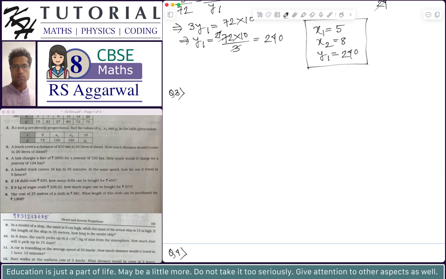A truck covers a distance of 510 kilometer in 34 liters of diesel. It is asking how much distance would it cover in 20 liters of diesel.